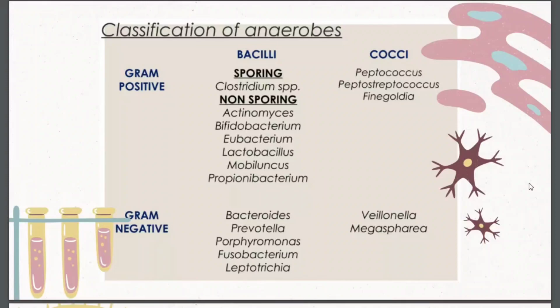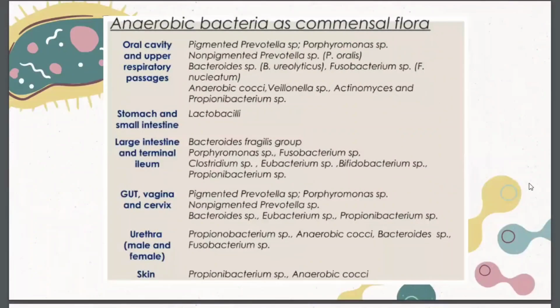In negative, the bacilli are Bacteroides, Prevotella, Porphyromonas, Fusobacterium, and Leptotrichia, and the cocci are Veillonella and Megasphaera.